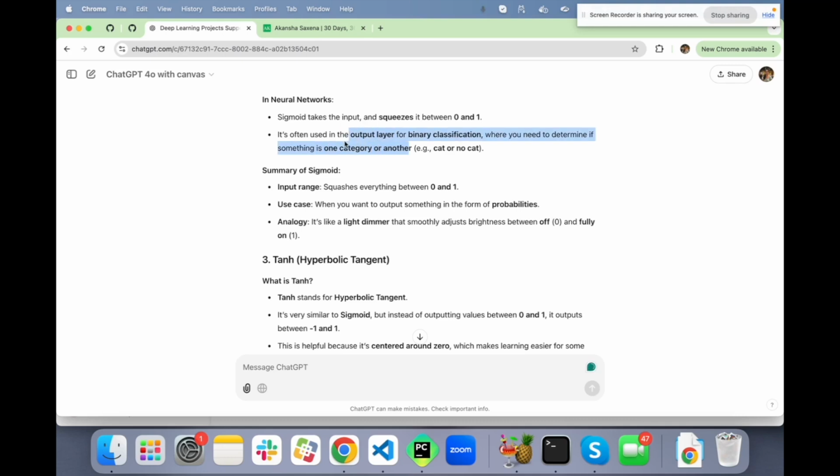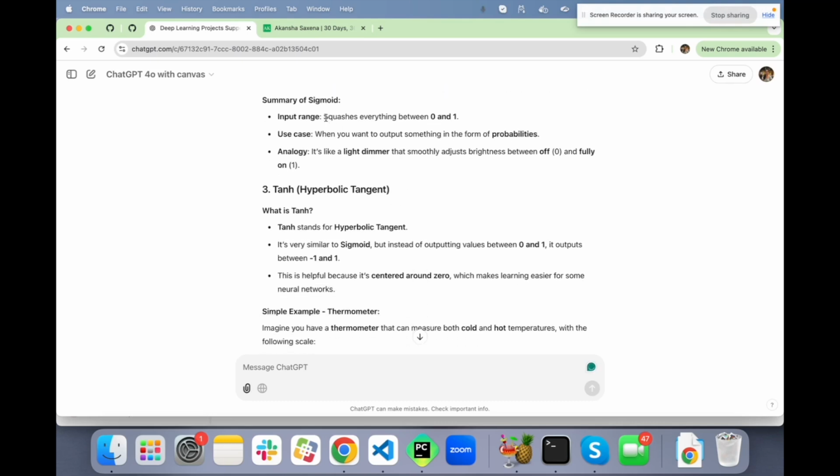Remember we used the softmax activation function, which was also giving probability of whatever neurons we pass, and the sum of those probabilities is going to be 1. Here, sigmoid also gives the output as a probability, and it is useful for binary classification, where we can see if this particular case belongs to a category or not.